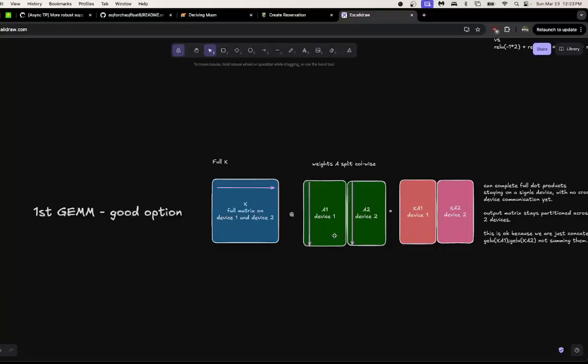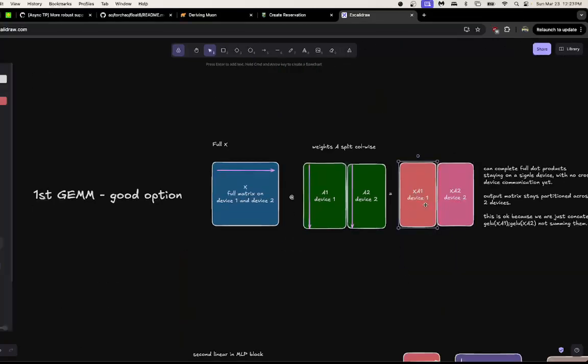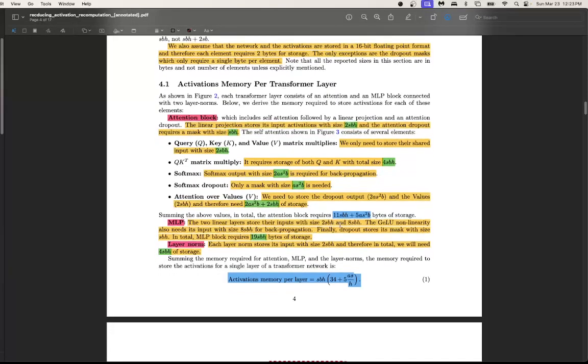However, the actual linear layers themselves, A1 and A2, the activations here, XA1 and XA2, those are partitioned by the tensor parallel group size, which is 2 in this diagram. So that will be included. That will be the 8 SBH, because 2 SBH is the original input to the MLP, and 8 SBH is the intermediate activation going into the second layer.